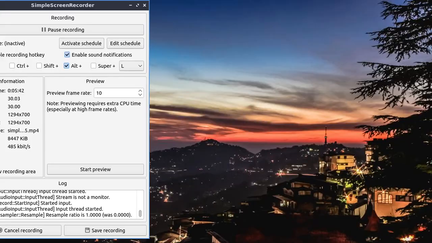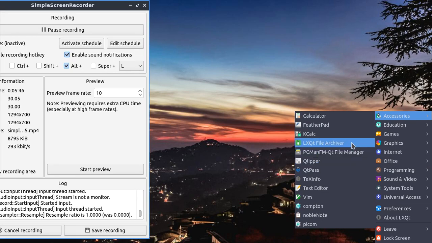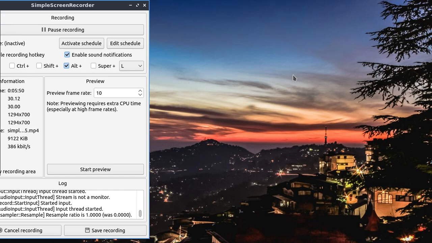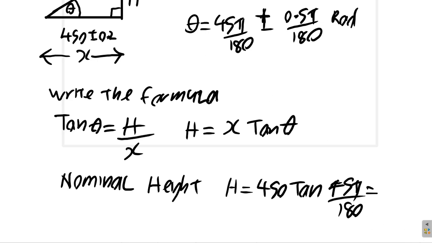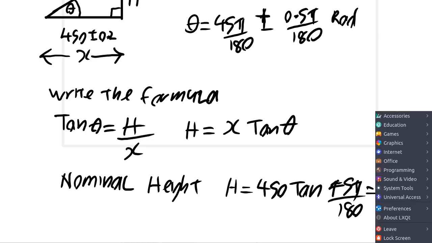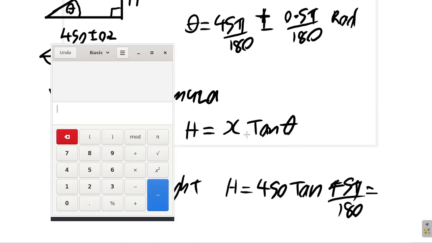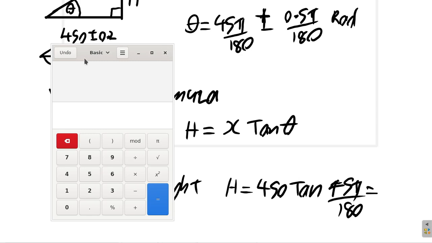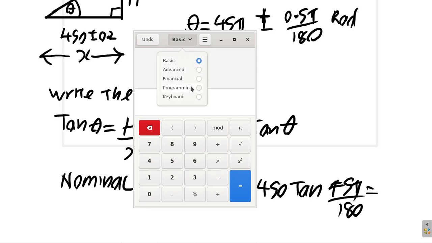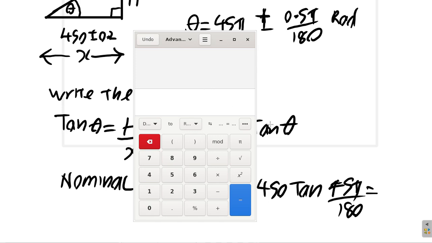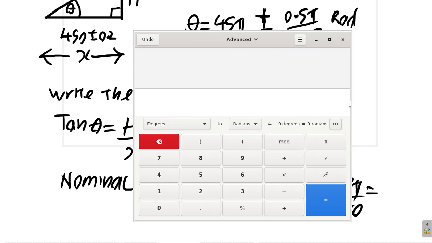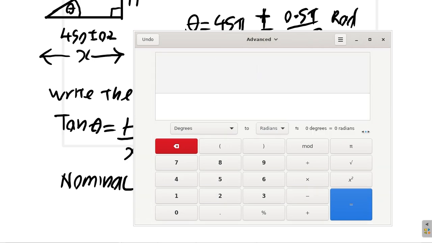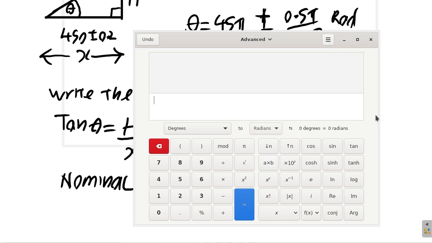Let me see if I can find a calculator here. Okay, let me put it in advanced mode so you can see the sine, cosine, and tangent.